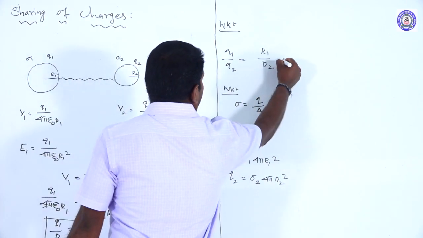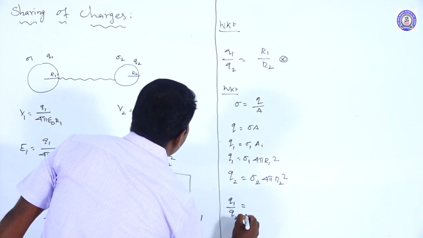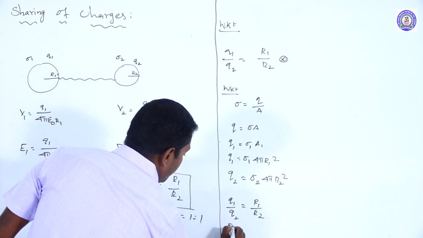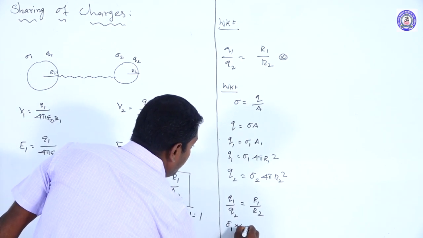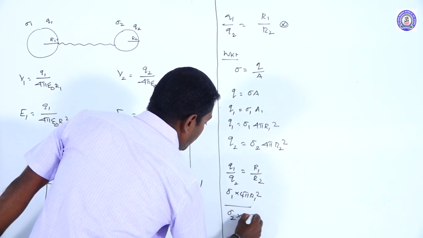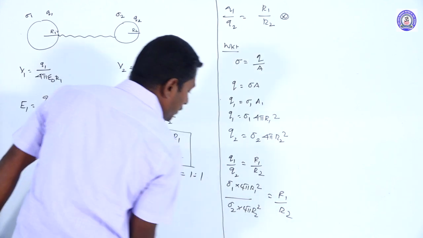Substitute in the equation Q1 divided by Q2 equal to R1 divided by R2. Q1 is sigma 1 into 4 pi R1 square divided by sigma 2 into 4 pi R2 square, which is equal to R1 divided by R2.